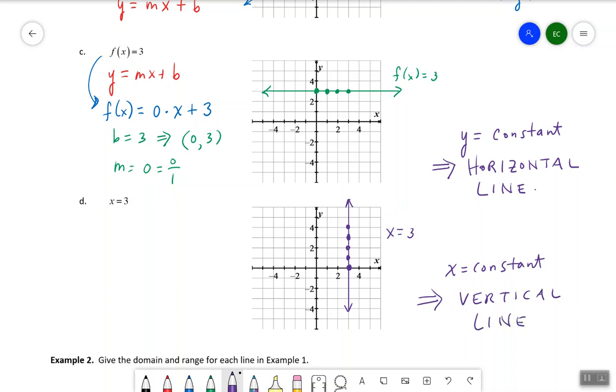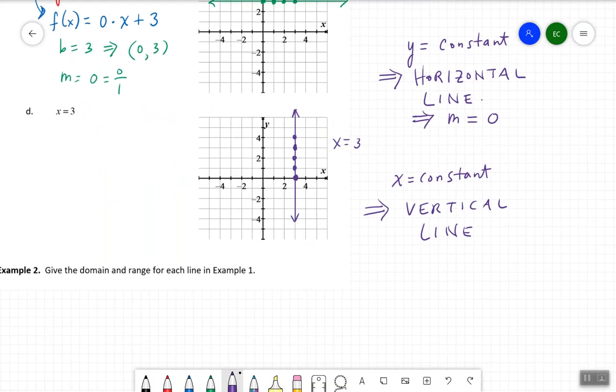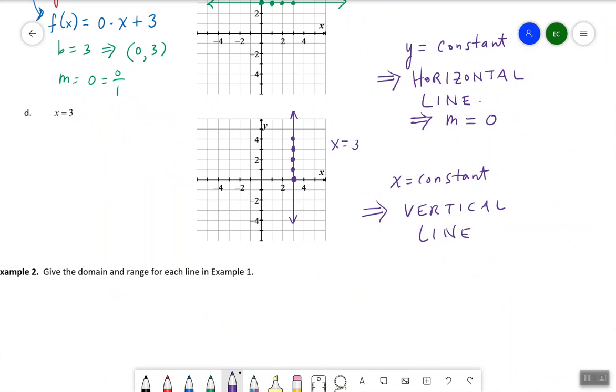And there was one more thing that we wanted to talk about, and that's the slope. And we already said it. When we had y equals 3, the slope was 0. So that's true for any horizontal line. And then what's the slope of this vertical line?